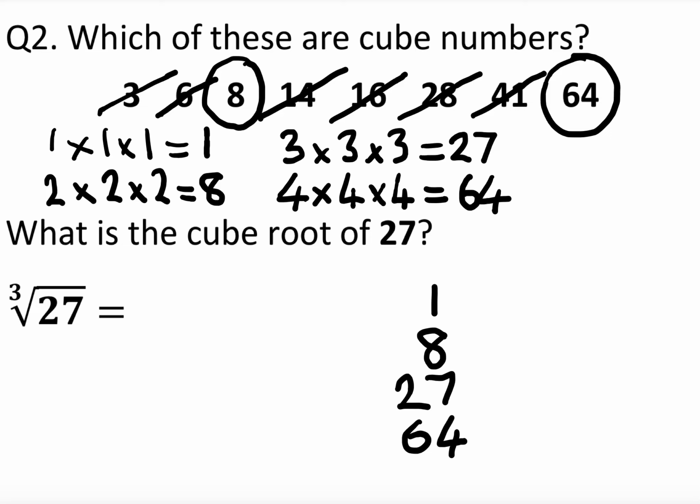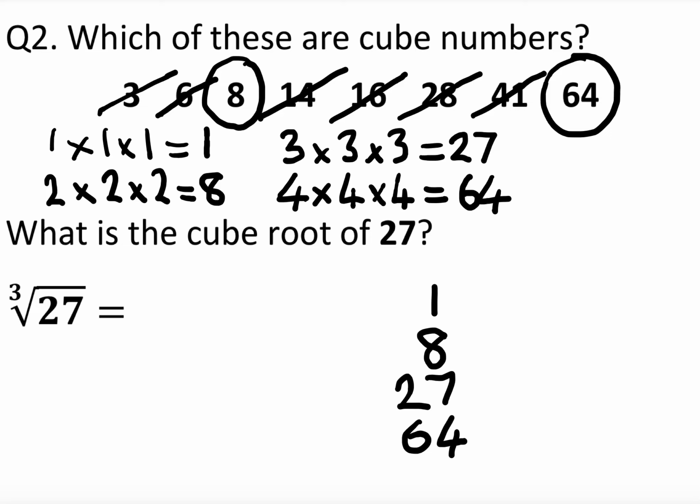Right, the second question is, what is the cube root? That's going the other way, basically. So the cube root of 8 would be 2. A number divided by itself and divided by itself again. So the cube root of 1 is 1.